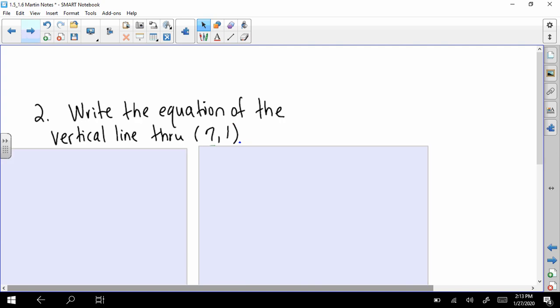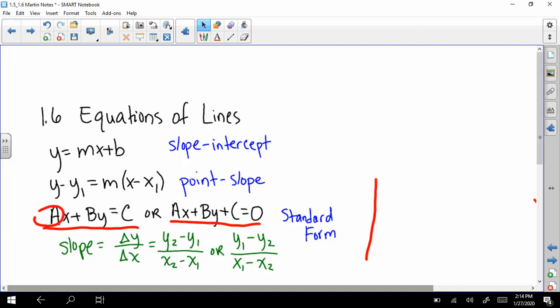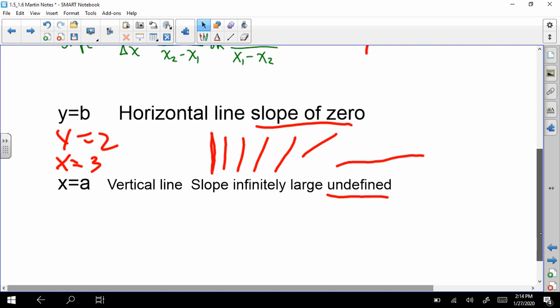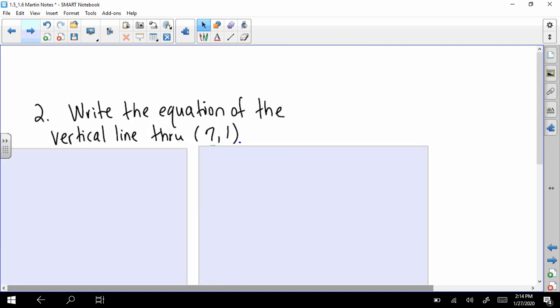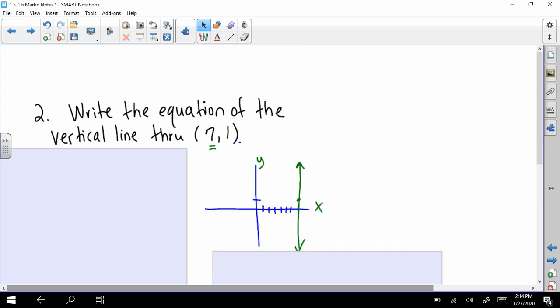Like the equation of the vertical line. Vertical line, oh, that wasn't the y equals. It was the x equals. Vertical line is x equals a number. The slope is infinitely large and undefined. So when you ask me to find the equation of a vertical line, I need the x values, not the y values. And I would say that it's x equals 7.